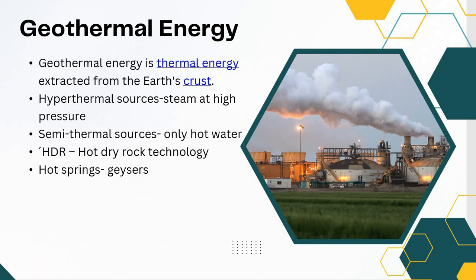These sources are generally found in the active areas of the seismic zones. On the other hand, the semi-thermal sources are characterized by the low geological activity and these lie outside the seismic zone.